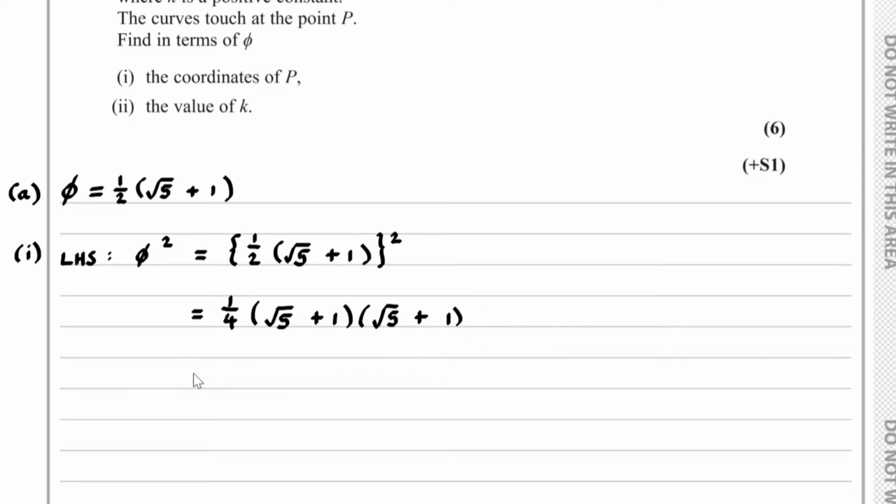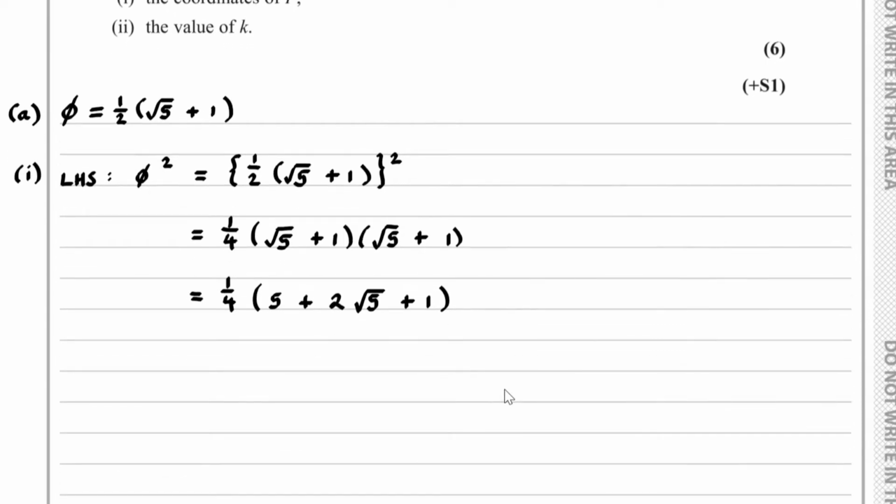And if we work this out, we've got 1/4 multiplied by, now root 5 times root 5 is just 5, and we've got root 5 times 1 twice, so that's 2 root 5, and then we've got 1 times 1, which is 1.